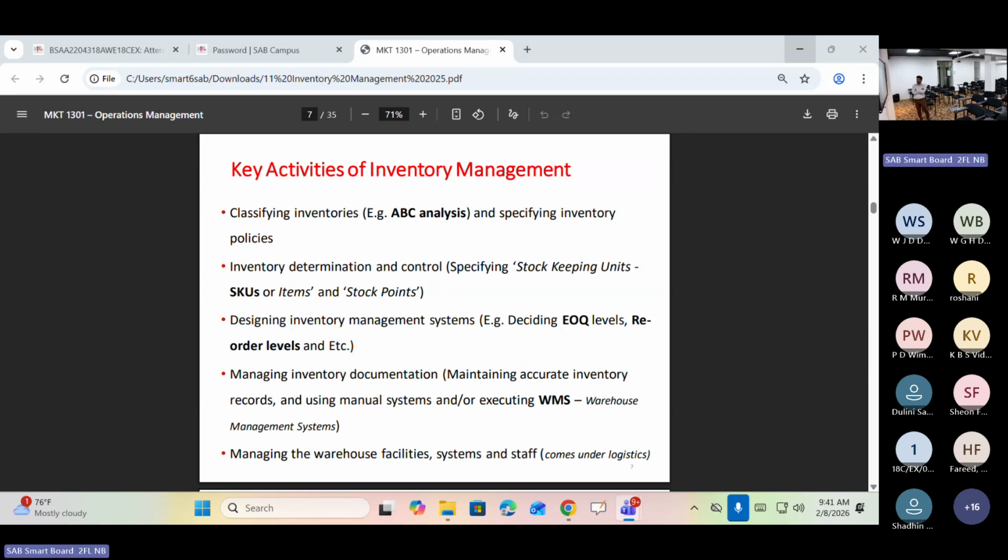Yes, sir, they are relevant for the service industry also. Why do you think so? Because even if the service does not sell physical products, they still rely on inventories such as supplies, materials and spare parts, and sometimes information or capacity.